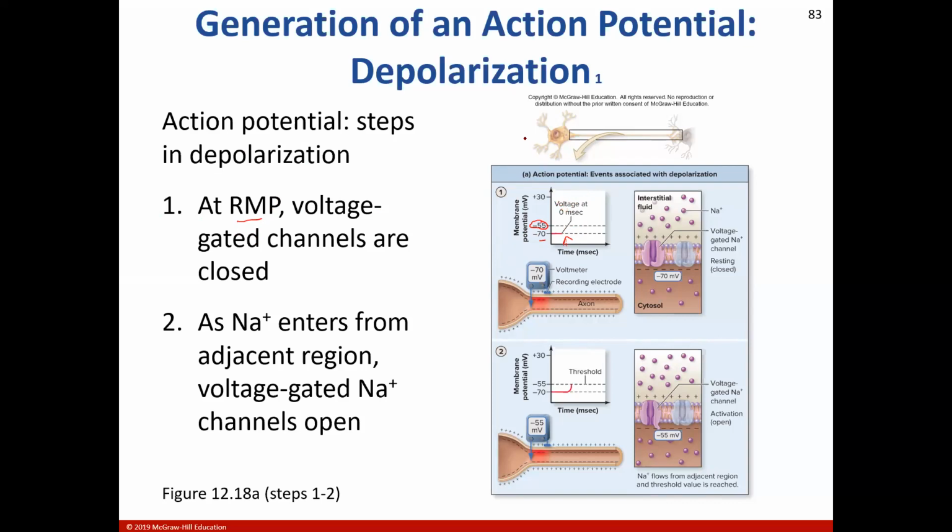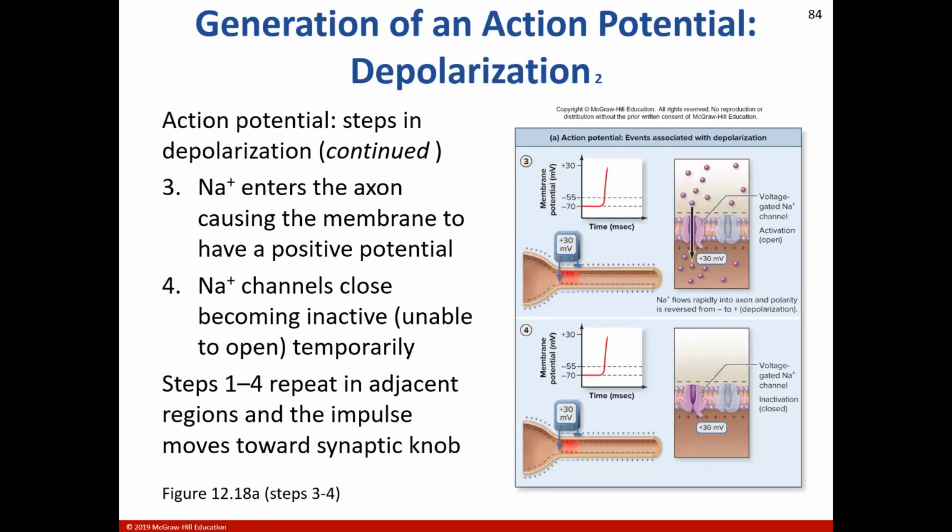So you should be familiar with all the parts of the neuron, of course. And depolarization, sodium entering voltage-gated sodium channels, because you need channels. Here's the channel, membrane channel. So when the sodium comes in, it depolarizes the membrane. So the minus 70 will get more positive, hopefully to minus 55 to create an action potential.